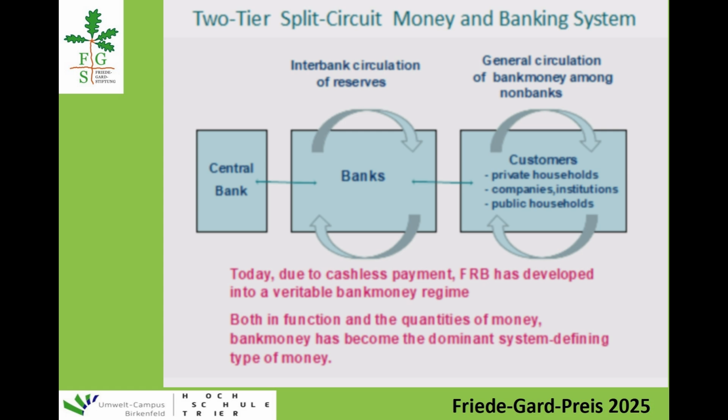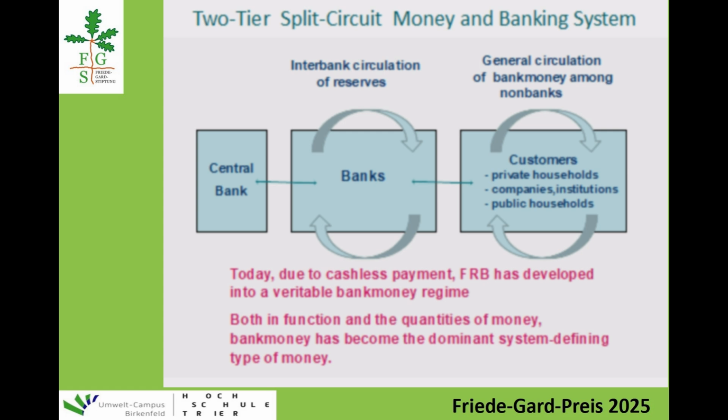We should see that as a result of cashless payment within that entire system, the dominant type of money today is bank money. It is not central bank money. And in the euro area, for example, cash on average is now down to only about 10% of the money supply and keeps shrinking.